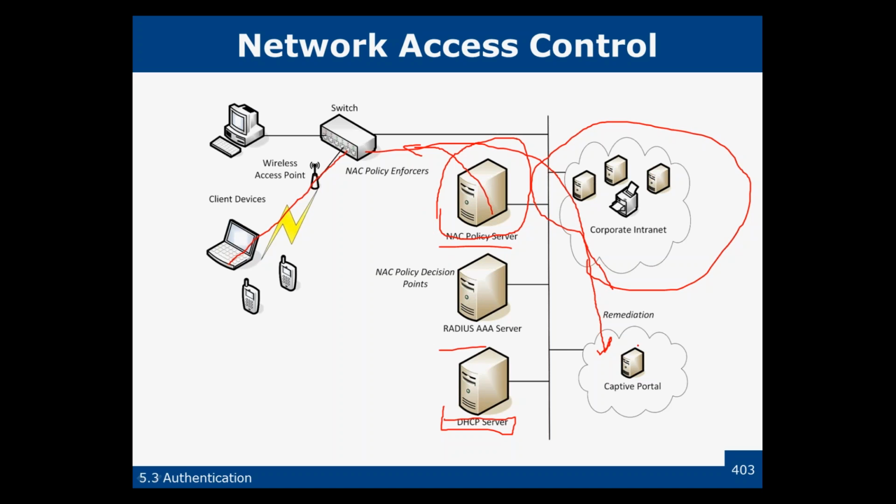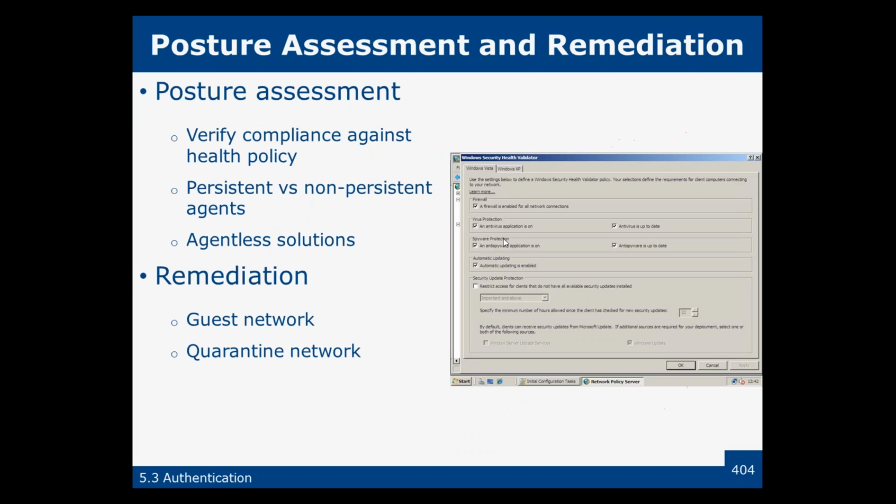Once it meets those, then it actually gets put automatically onto the network that it was trying to get to. But access control checks to be sure that the systems meet certain minimum requirements before they get on to the network.